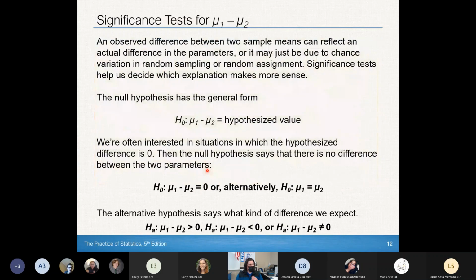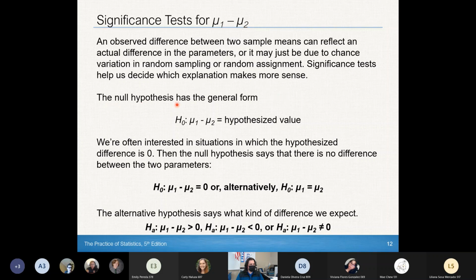So that brings us then to our significance tests. An observed difference between two sample means can reflect an actual difference in the parameters, or it may just be due to chance variation in random sampling or random assignment. Significance tests help us decide which explanation makes more sense.